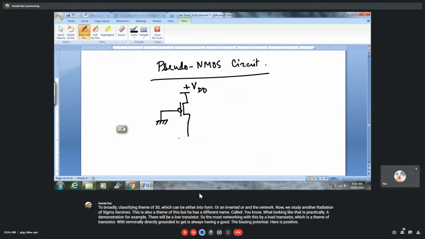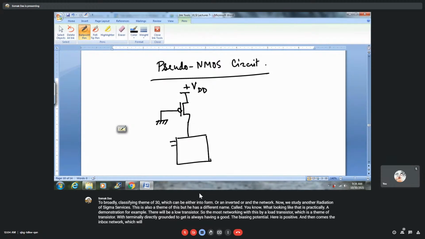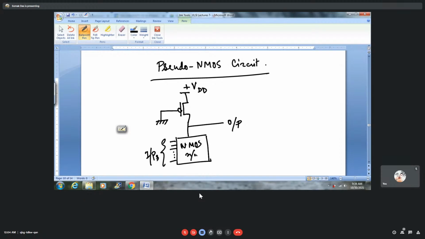And then comes the NMOS network, which will be based on your Boolean expression, as we have done in all of our circuits. And this is the output. So here it is the input, NMOS network, grounded. So pseudo NMOS circuit looks like this.